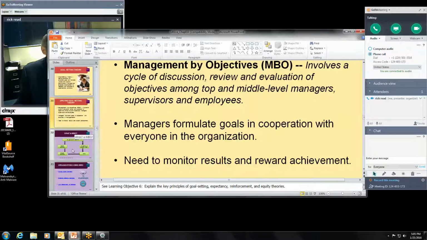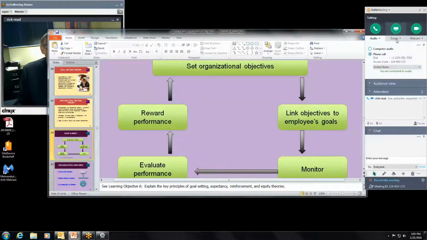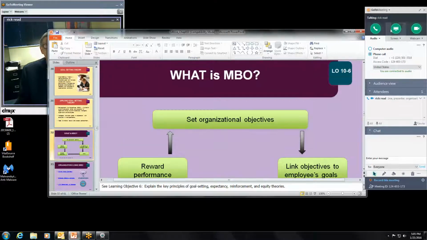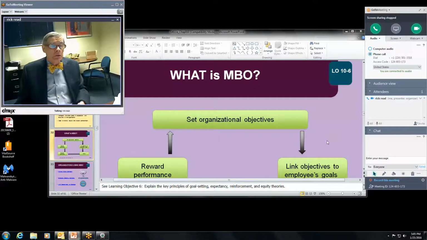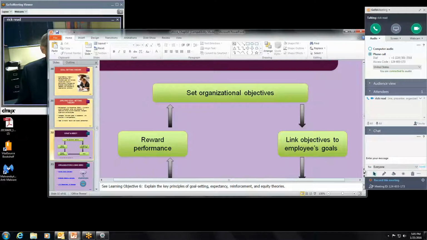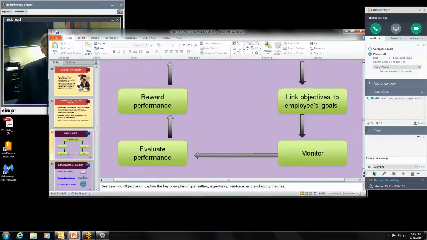And this just gives you a little graphic here, if you will, of how to set up MBO. I'm not going to go through this too much because it's pretty easy to see and understand.